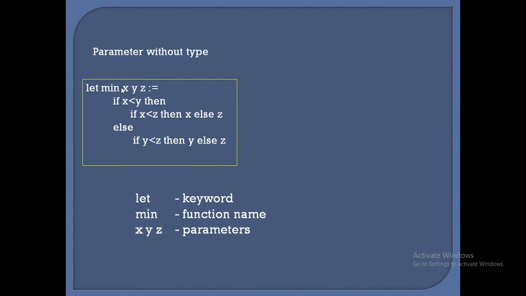Here, these parameters are not mentioned with a type. I think last year you studied data types: integer, float, character. These are the data types. Here x, y, z are not mentioned with a data type. So this is a parameter without type.